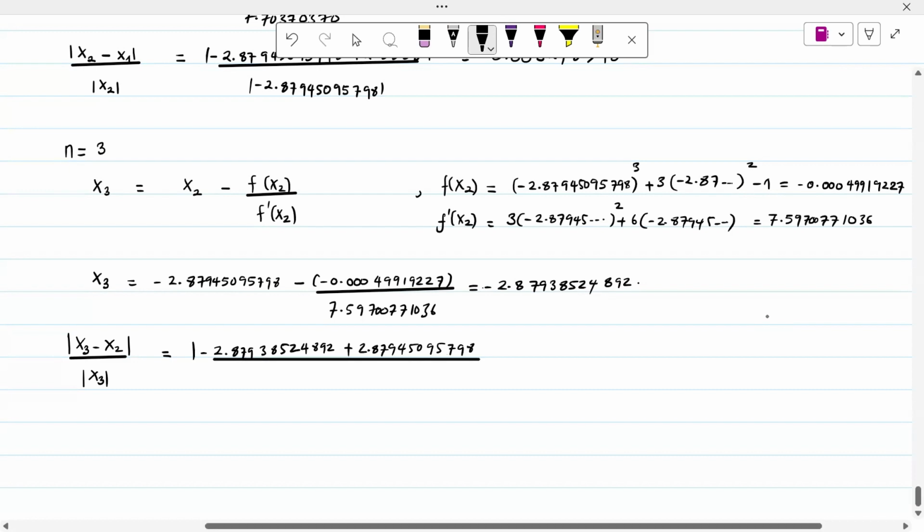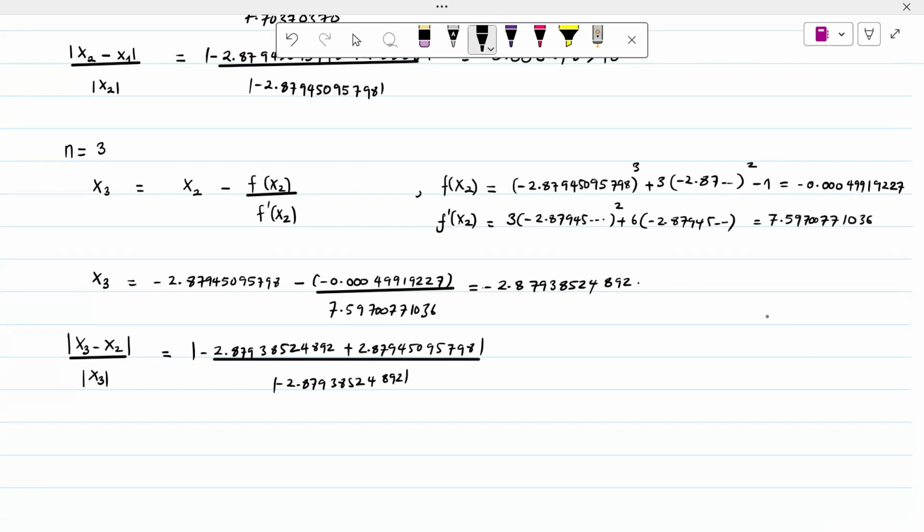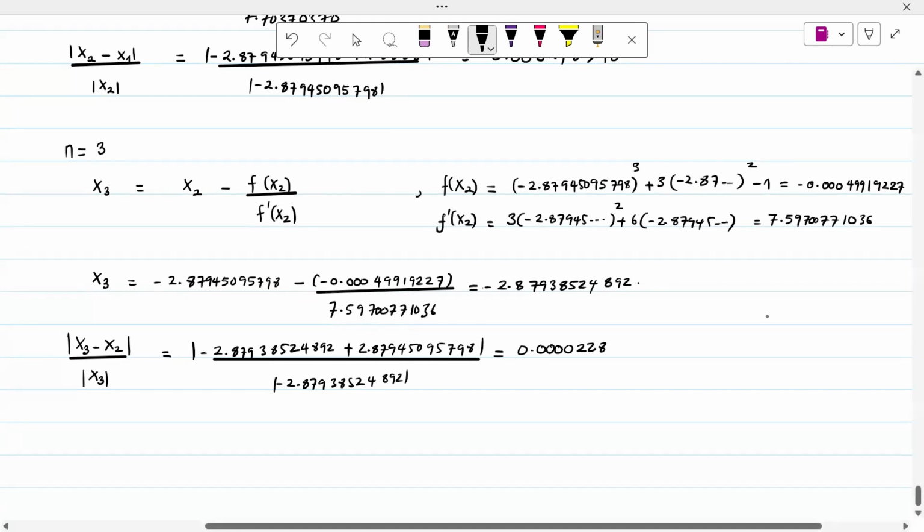Of course, we just need the absolute value of that. Negative 2.87938524 and if you check this one, the error is about 0.00004 zeros, of course, 2282. So you see this value now is less than 10 to the power negative 4.